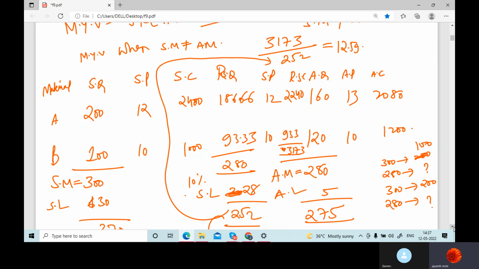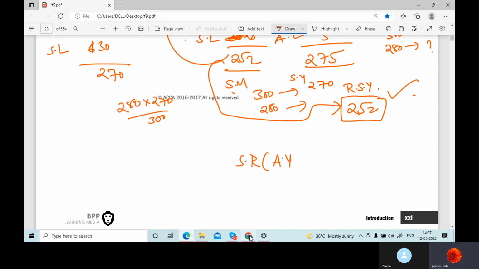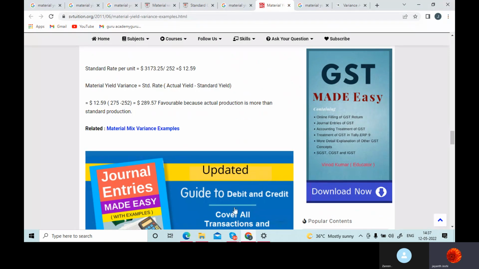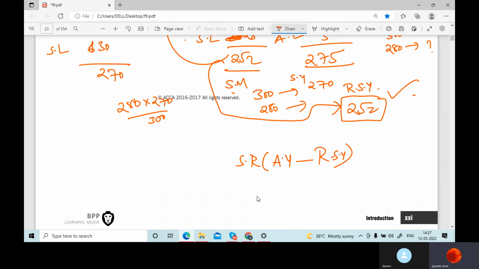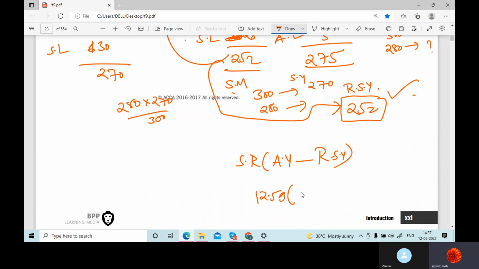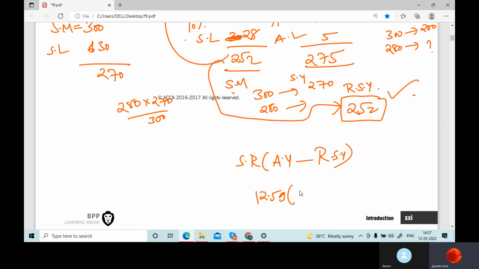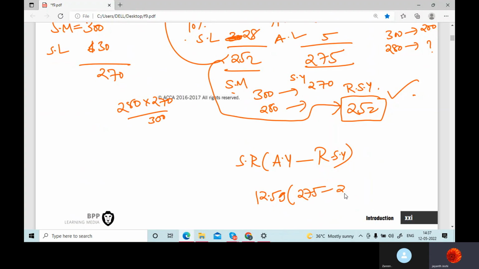Now we will take all these things. Standard rate into actual yield minus revised standard yield. 12.59 into actual yield, which is 275, minus 250.